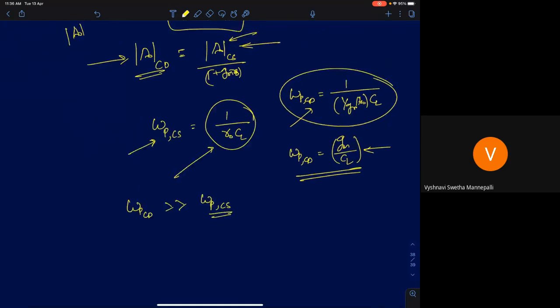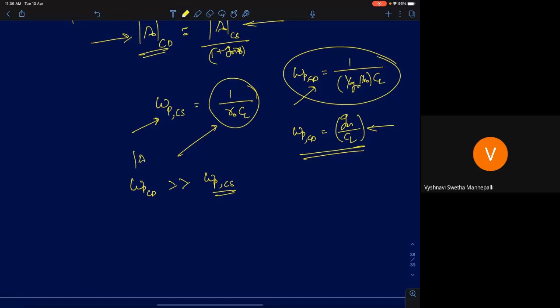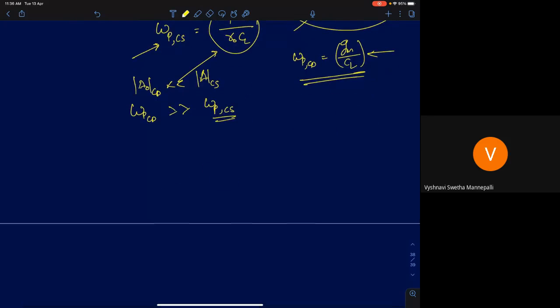The opposite is true for gain. The common drain's gain will be much less than the common source's gain, and it can be seen as ACS divided by 1 plus GM R0.